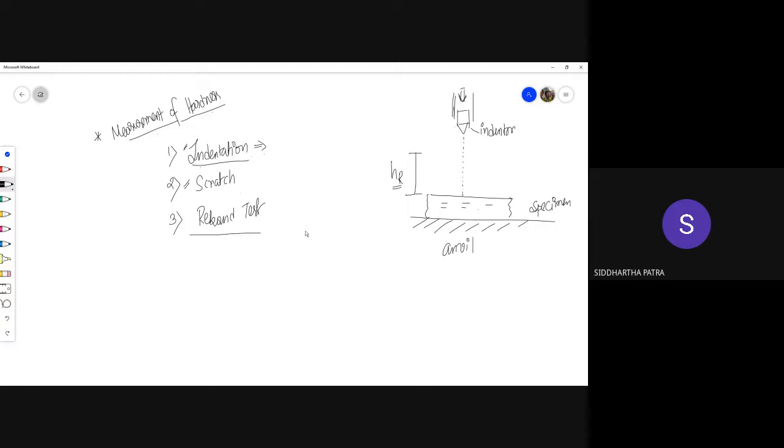Okay. Now, can you tell me, if I were to plot hardness, which is typically represented as hardness number, and if I were to plot the hardness versus rebound height, okay, should the curve be increasing or should the curve be decreasing?